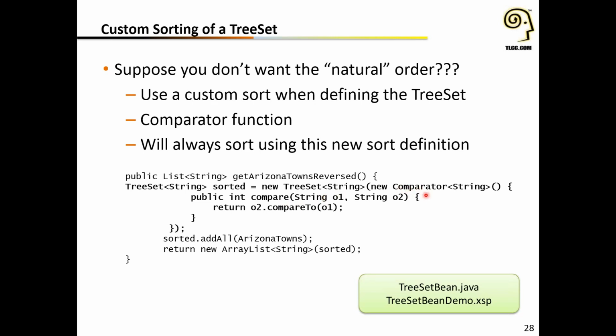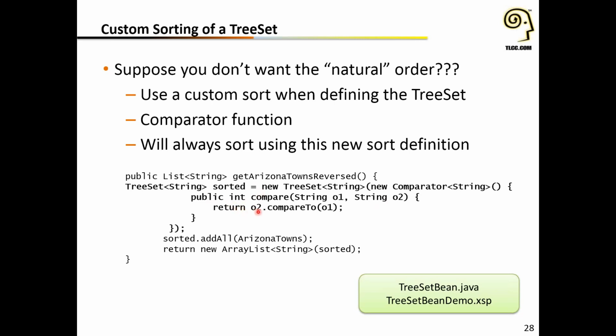I should say we're creating a new class, and that class has a method called the compare method. So what Java is going to do in the TreeSet is compare the first argument to the second argument, going through a list of, let's say, A, B, C, D, comparing the two together.